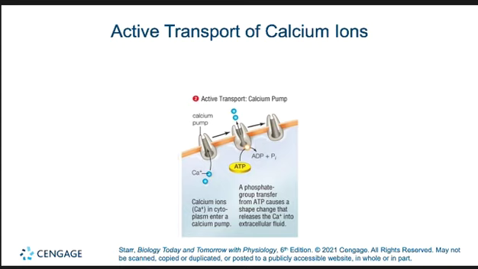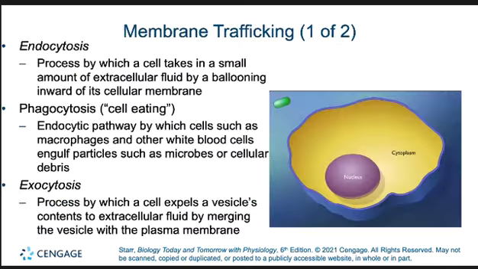Okay, so this is called primary active transport, right, uses ATP. Okay, and then in secondary active transport, you use a gradient set up by primary active transport to do the work.